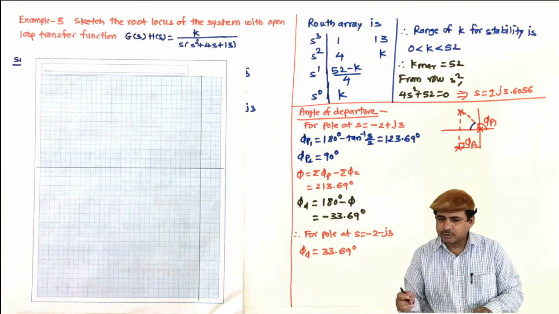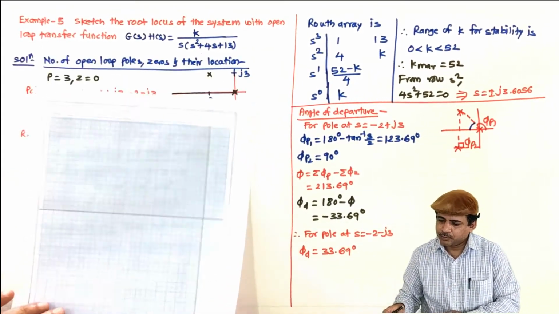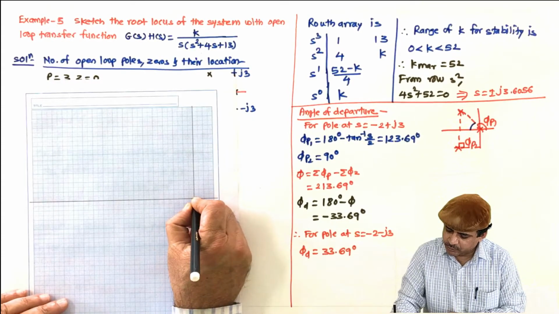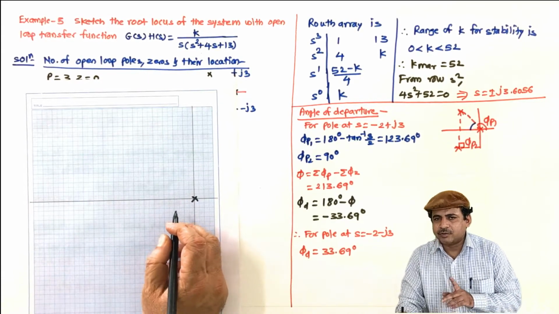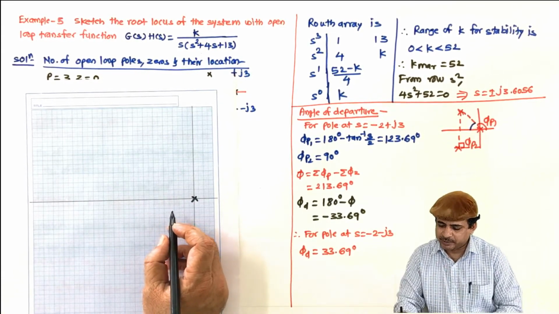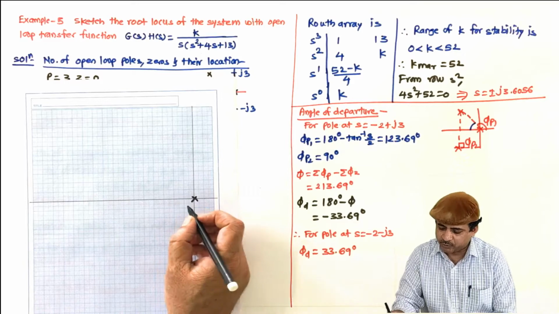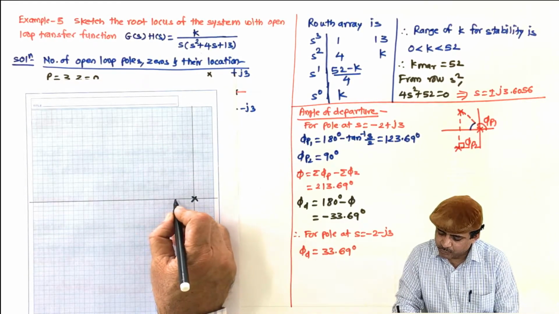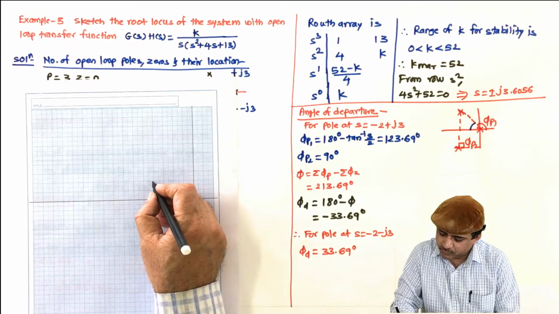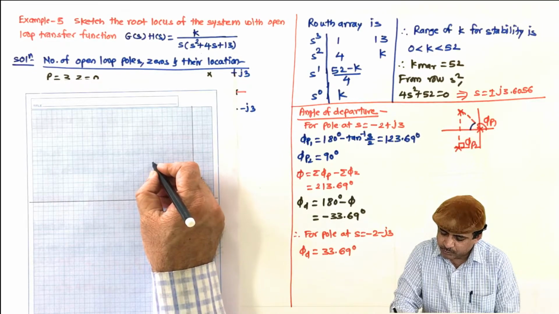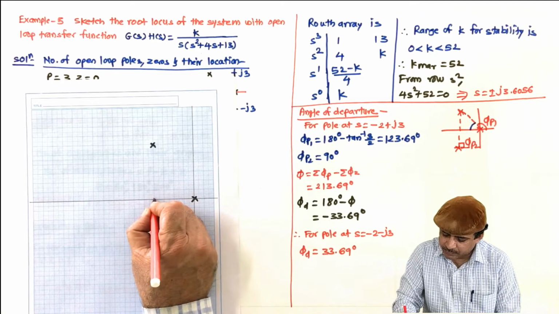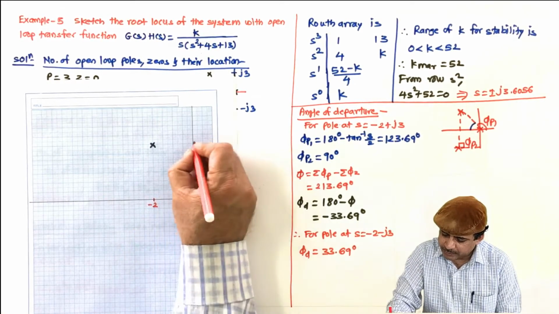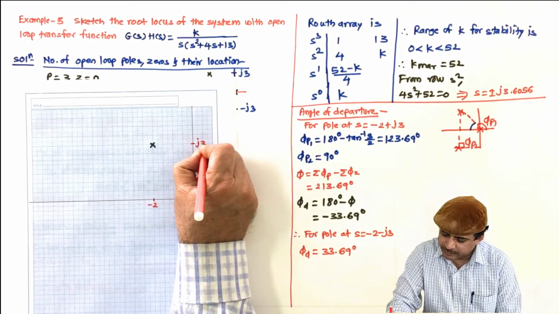Let us mark the poles. The poles are at s equal to 0. Then we will take the scale as 1 centimeter equal to 0.5. So 1, 2, 1, 2, and then 1, 2, and 3. So this I will mark as minus 2, and this as j3.